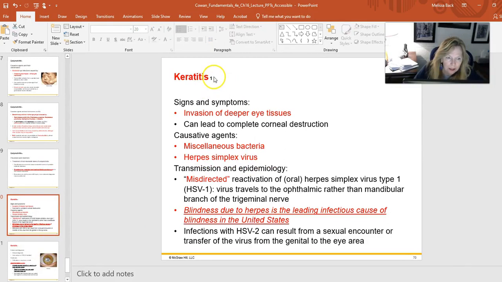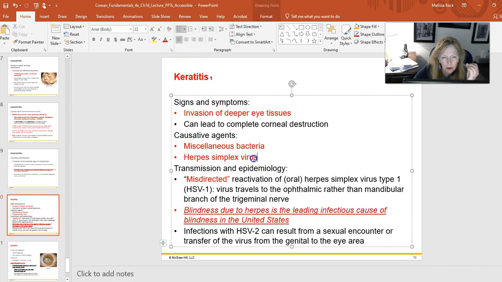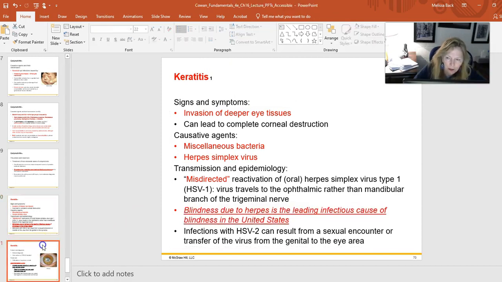Keratitis, again, can lead to deep eye tissue scarring of the cornea. So herpes simplex virus is probably, again, the leading cause of blindness in the United States. I don't know about other developed countries, but I would assume that it is also the leading cause in other developed countries as well.